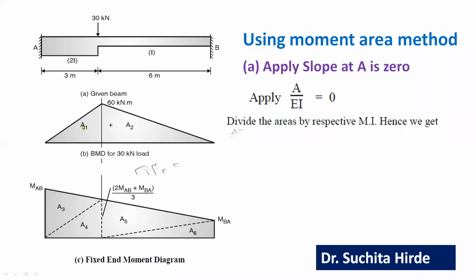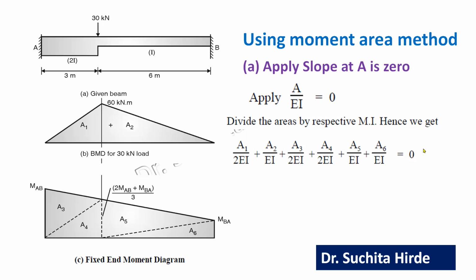Since the moment of inertia for different parts is different, we have to divide these areas by the respective moment of inertia. So we get A1 divided by 2EI, A2 divided by EI, A3 divided by 2EI, A4 divided by 2EI, A5 divided by EI and A6 divided by EI. Now if you substitute A1, A2, A3 to A6, EI will get cancelled because the right side is 0.